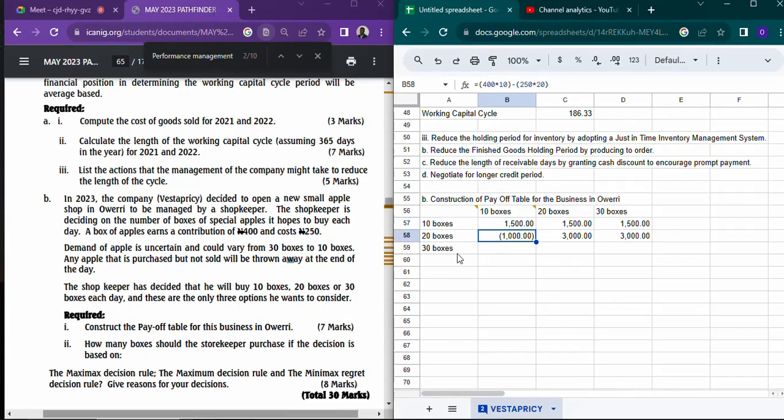Yes. The second one, you have bought 20 boxes already. So you have 250 times 20. So when they are demanding for 10, you can sell 10. And when they are demanding for 20, you can sell 20. But when they are demanding for 30, you can only sell what?